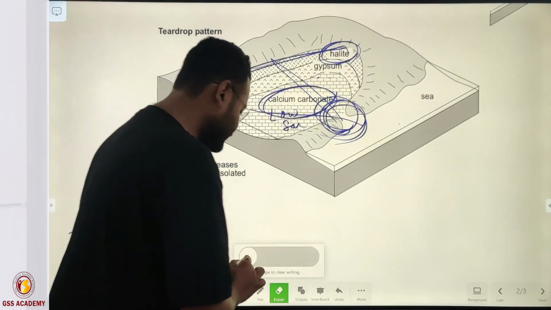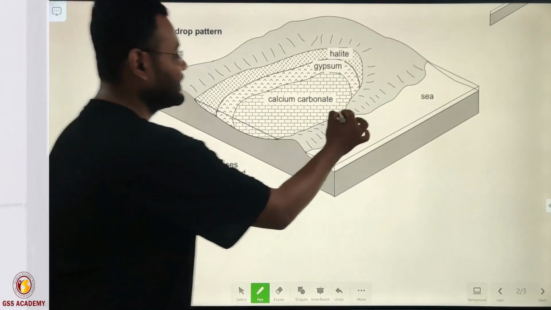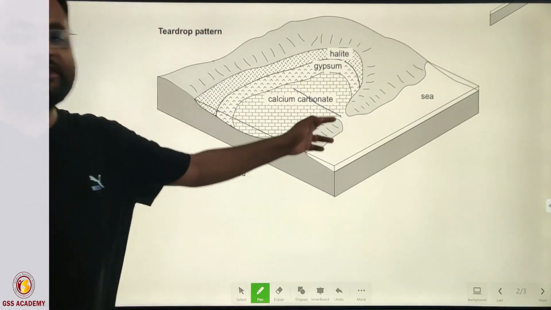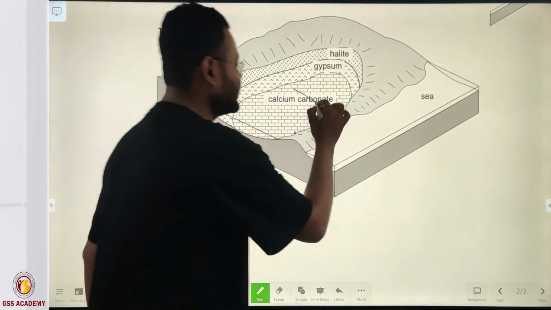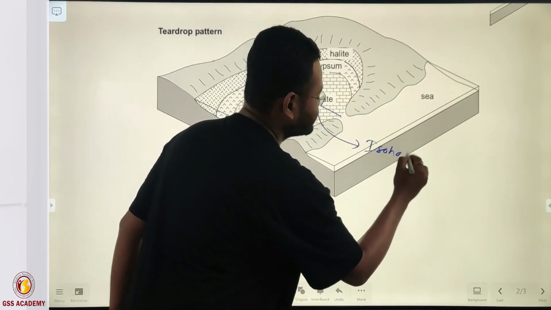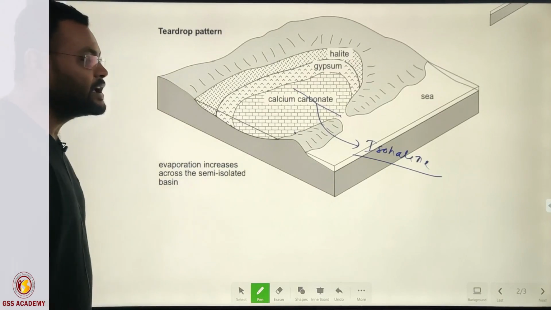If we look into this basin in terms of salinity gradient, then near the point of connection to the center, there will be no salinity change. Instead, here it will show the isohaline condition, the same salinity condition.